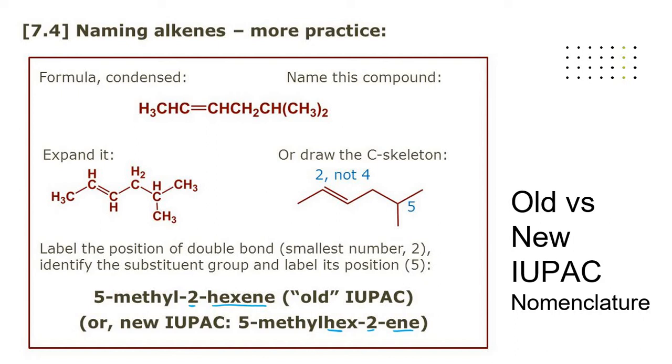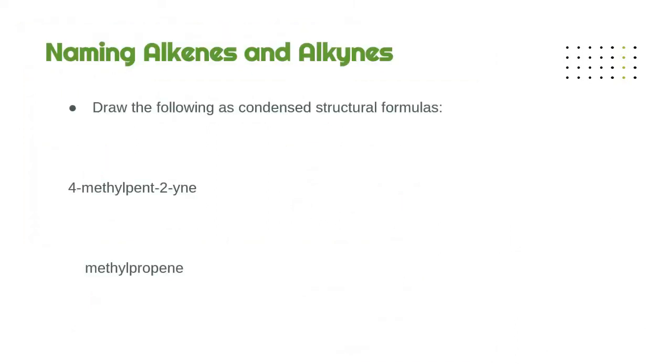But just so you know, the new one is written like this, hex-2-ene. So they updated this for some reason, maybe because when the chain is more complex, it gets confusing. So they write the 2 before the suffix. But both are okay.